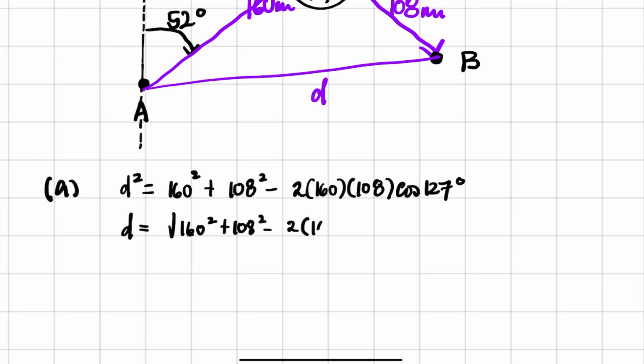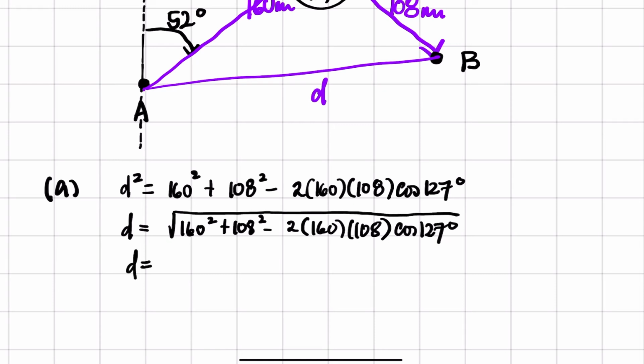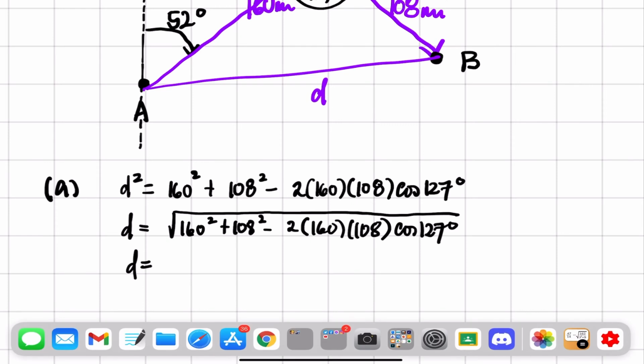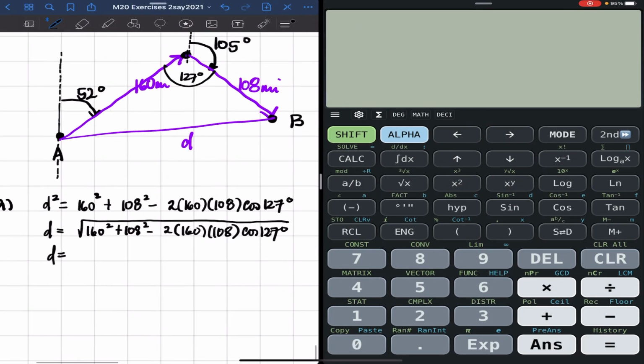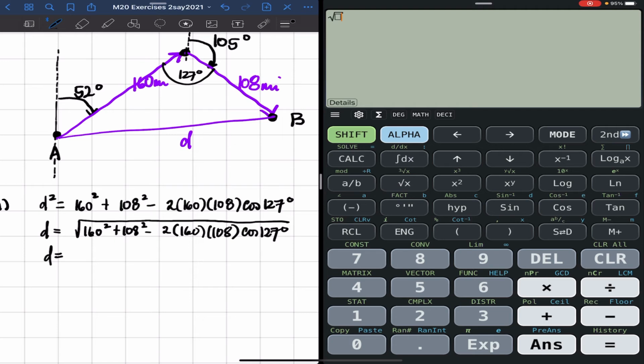Minus 2 times 160, 108, cosine 127 degrees. Okay, so yan yung enter natin sa calcu. Calculate na natin.